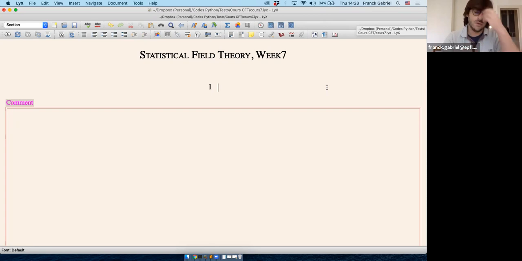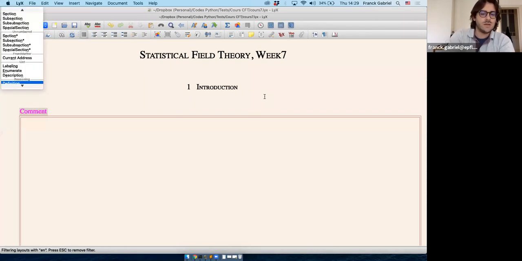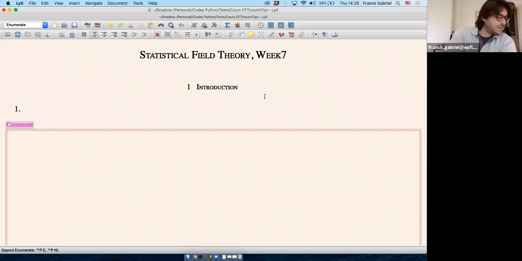Okay, so those are the three things that I want to convey for now. It's the fact that we will try to understand better the transformation law.